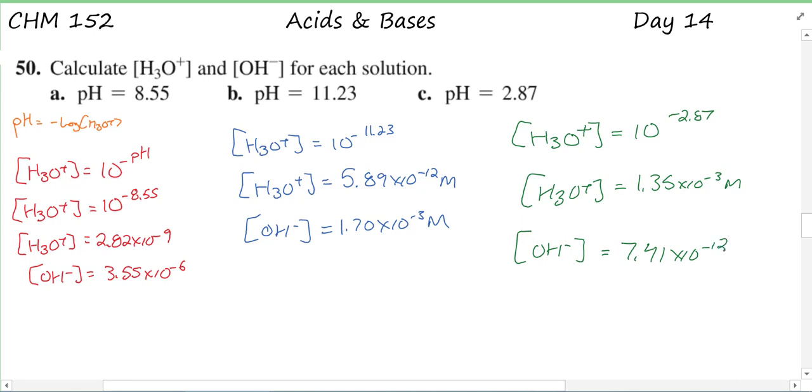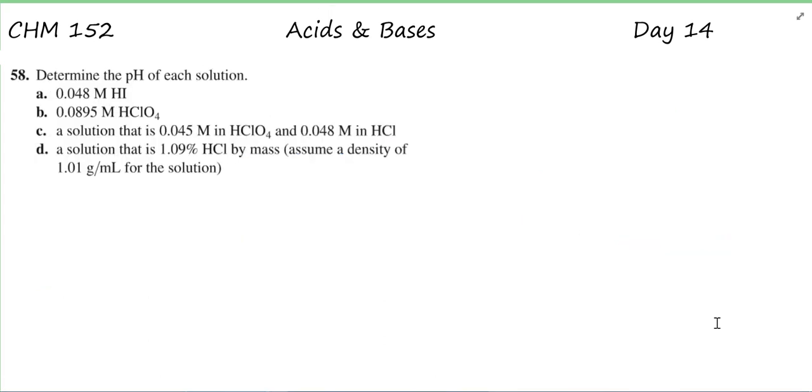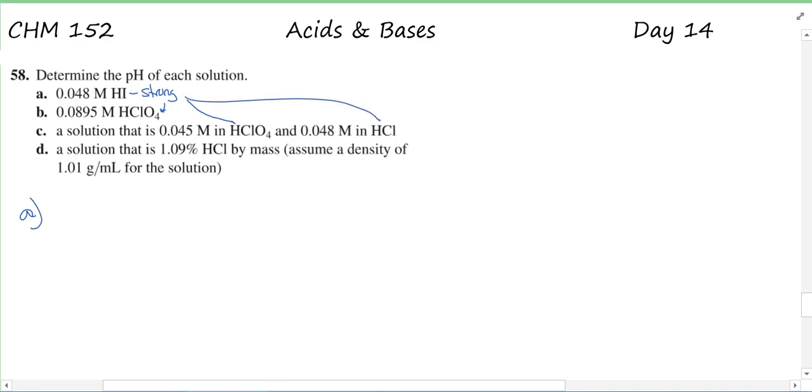And there's 50. 58. Determine the pH of each solution. Recognize that for A, HI is strong. In fact, that's strong, that's strong, that's strong, and that's strong. Everything's strong.